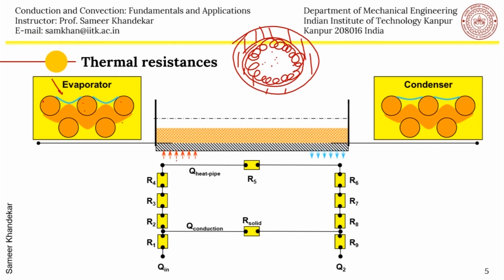This is the vapor flow resistance, which is R5. Okay, and the R solid is because there is some heat conduction, minor heat conduction, which is taking place in this direction because there is a delta T between the tube end at the evaporator section and the tube end at the condenser section. So this is the evaporator here on this side, and this is the condenser on the other side.